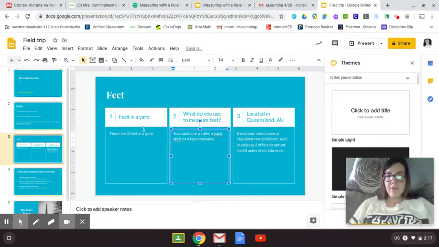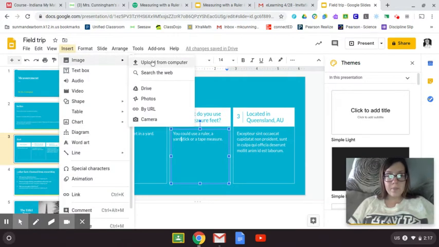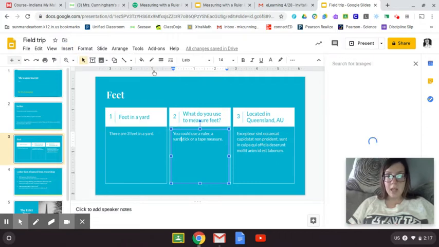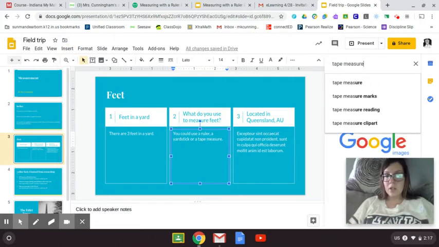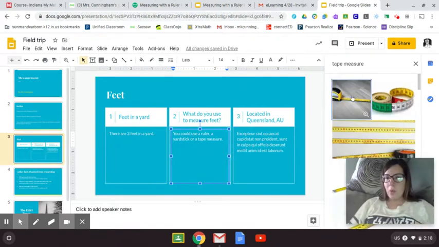So let's talk about the difference between these three. First off, I'm going to get a picture in here of a tape measure. Let's do insert image, search the web, and we're going to search tape measure. You probably have one of these at home. So yeah, here's a good one. Let's insert this.